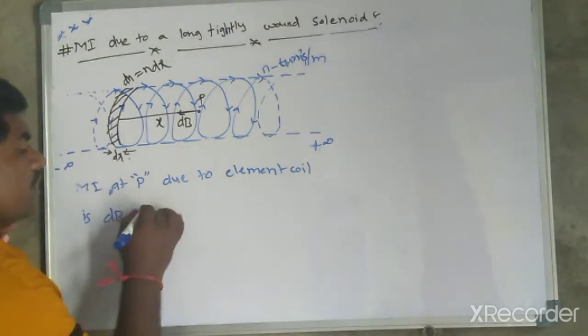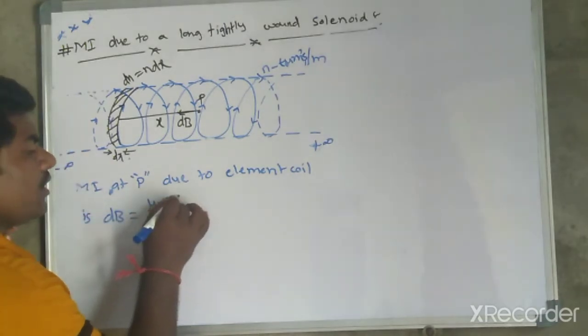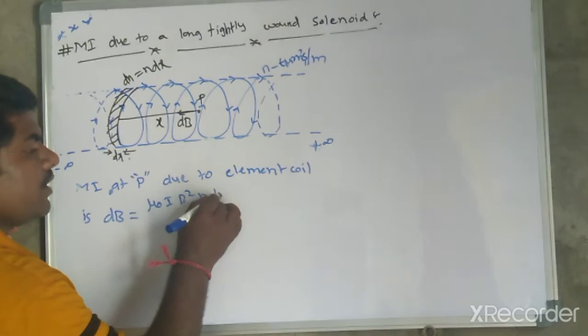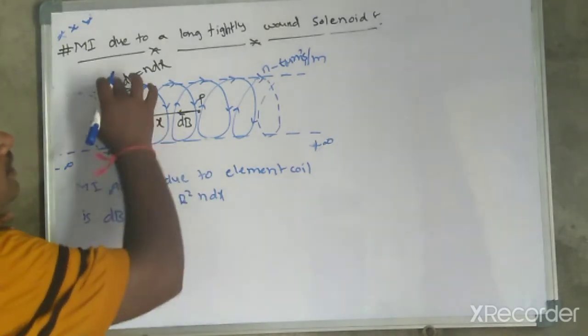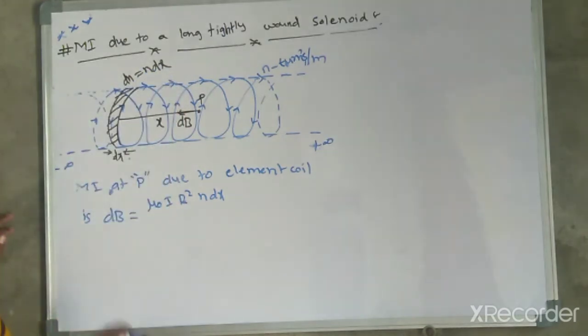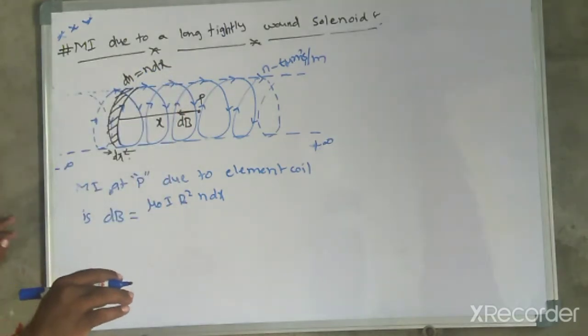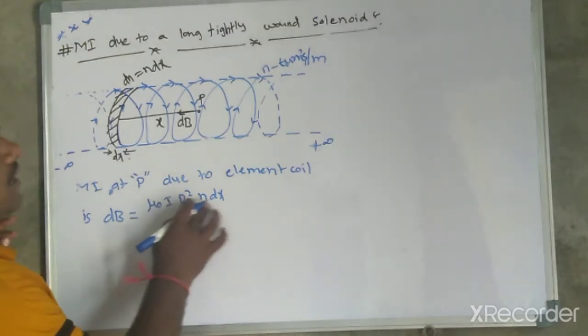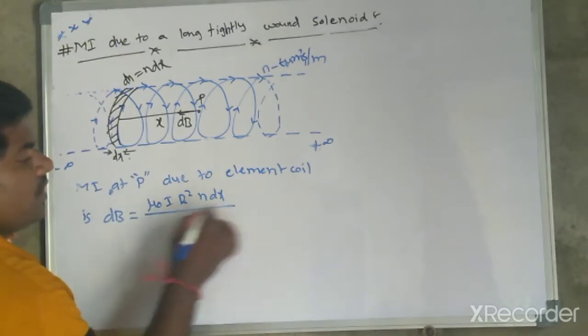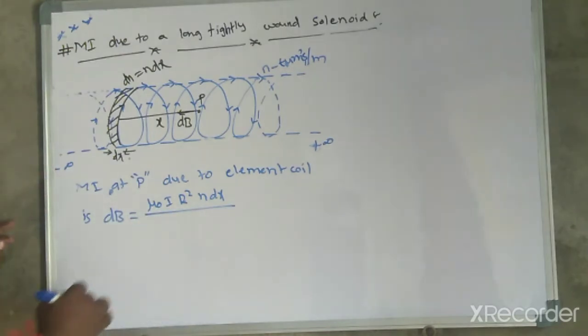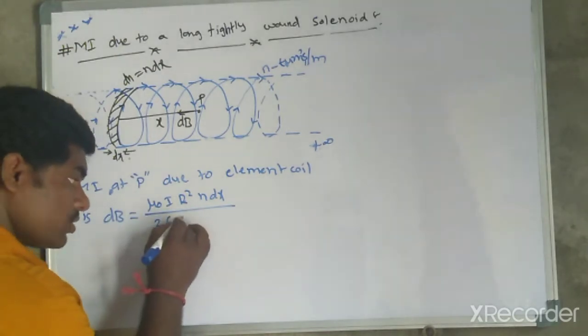According to the previous case, dB is equal to mu naught I r square n dx divided by 2, where n into dx is the number of turns in the small elemental.